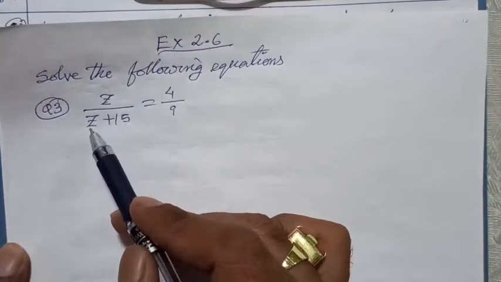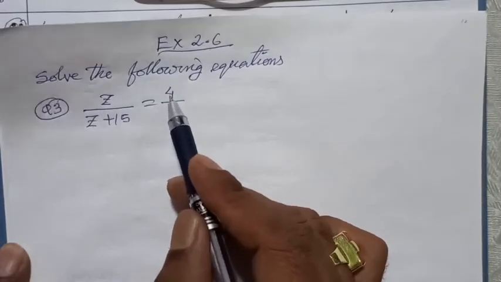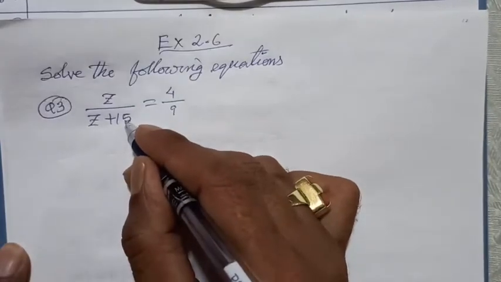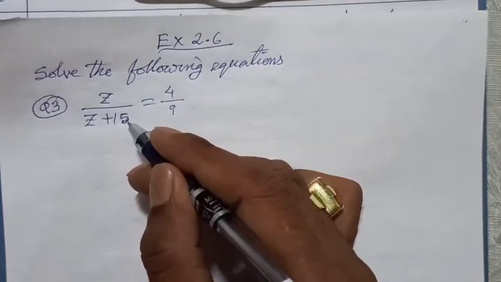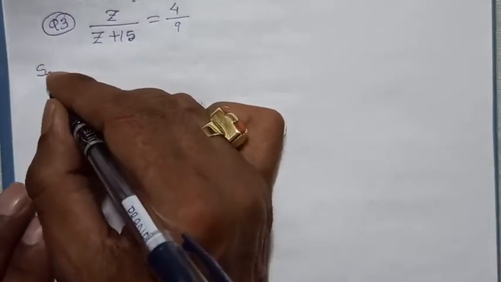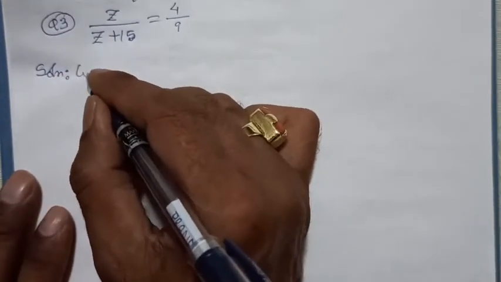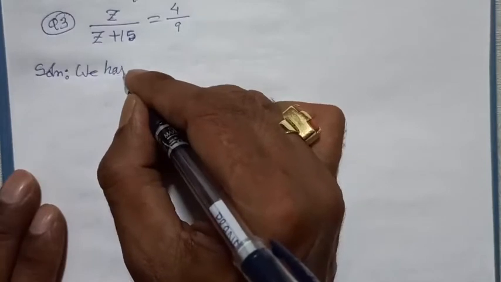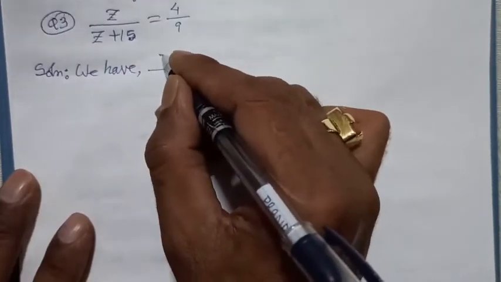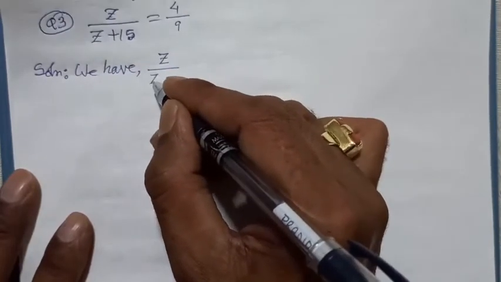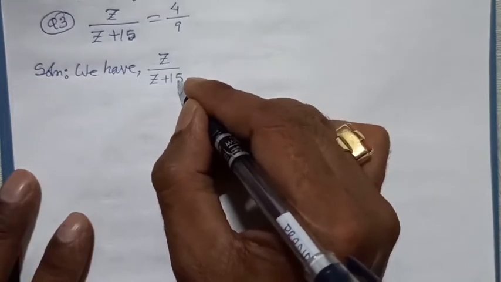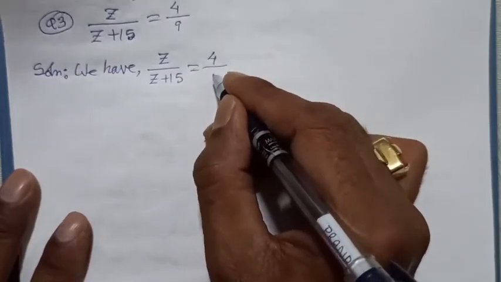z by z plus 15 is equal to 4 by 9. Now solution. We have z by z plus 15 is equal to 4 by 9.